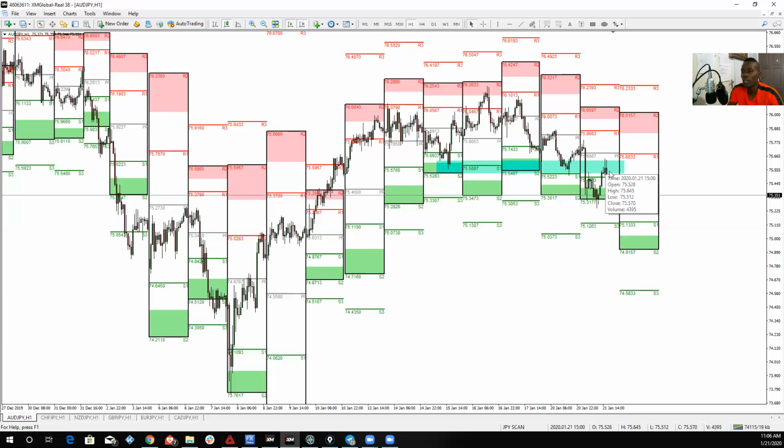With all due respect, you have every right as a bear to sell right here. After the break, you wait for the pullback, sell right here, boom, take it down. So what I'm saying is you already planned this trade from yesterday.